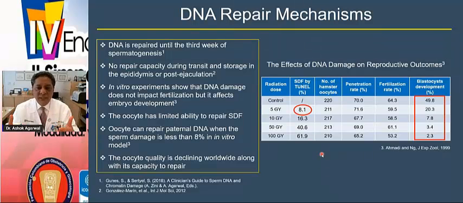Through some lab experiments using radiation, we have been able to identify that up to 8% of DNA damage can be repaired in vitro by oocytes. So, at least in the laboratory model, using mouse oocytes, where the sperm are exposed to 5 gray of radiation, those sperm can be repaired in terms of the DNA repair capacity of the oocyte. But the oocyte capacity is declining worldwide.